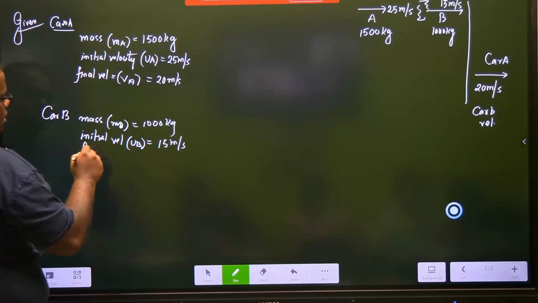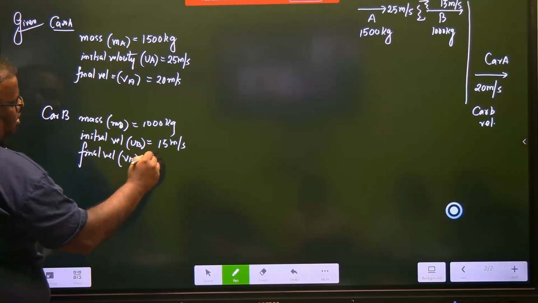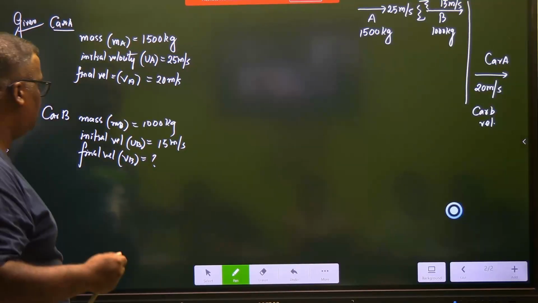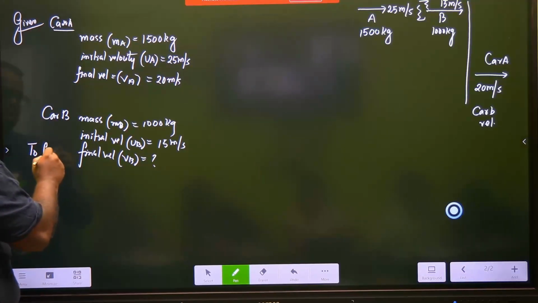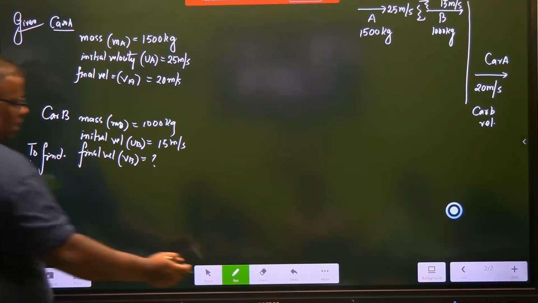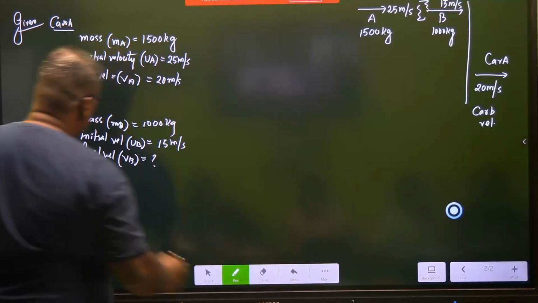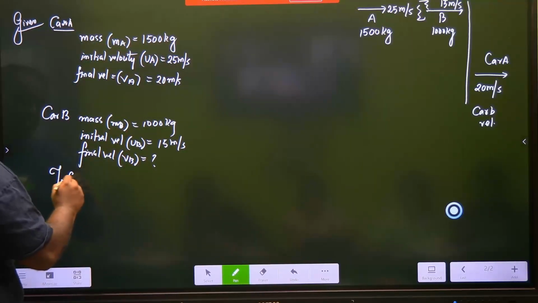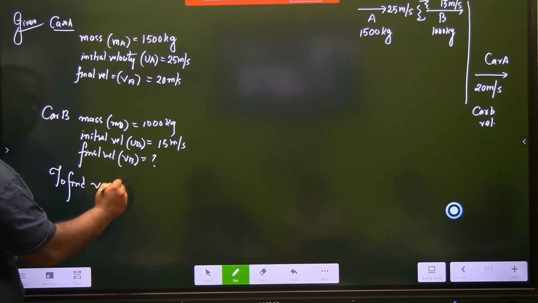Final velocity VB is unknown. That is what we have to find. Look, now since I have already defined it, I can just write VB is equal to what?